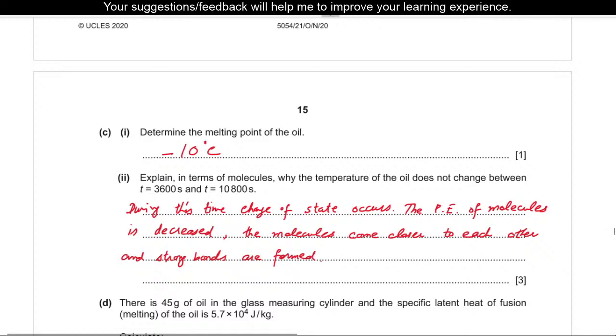As heat is released, the potential energy of molecules decreases and kinetic energy does not change.